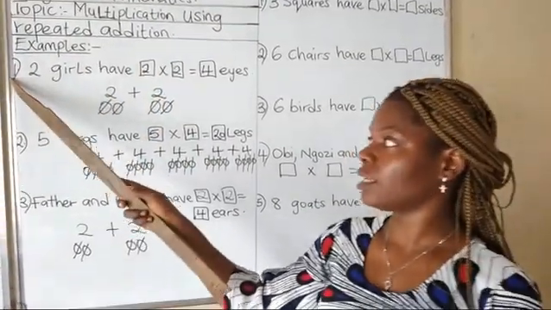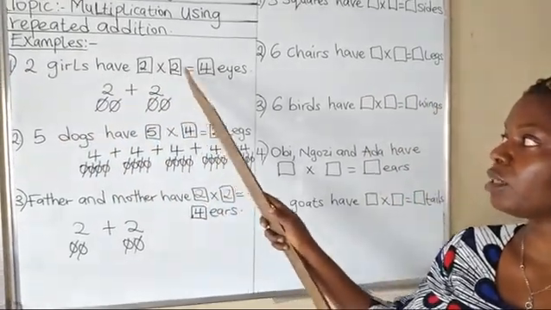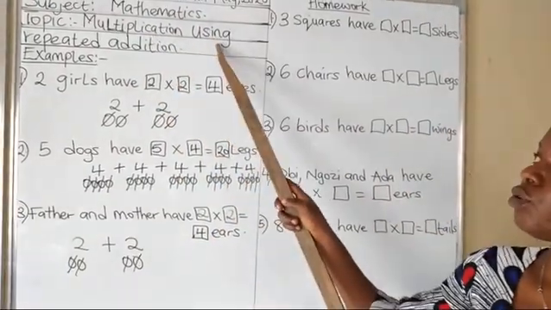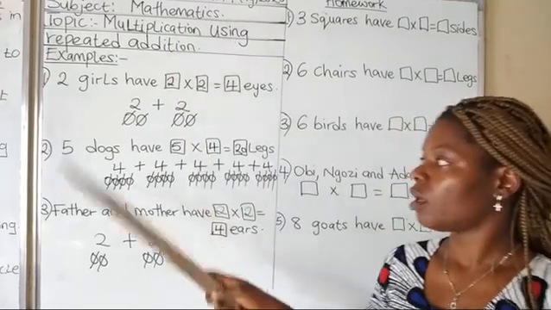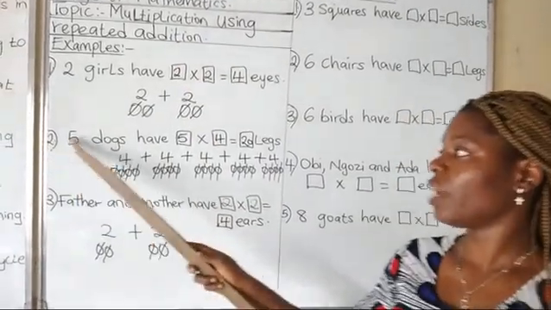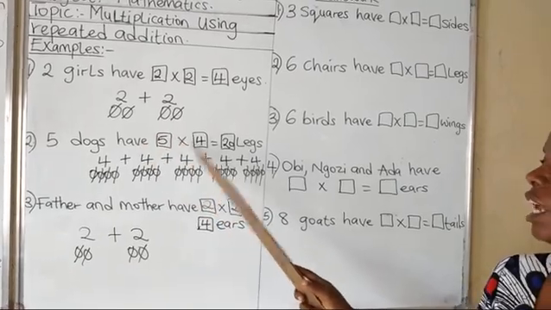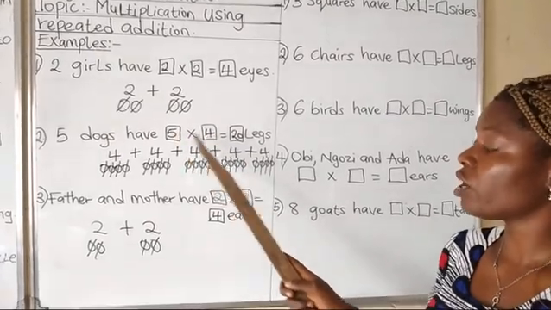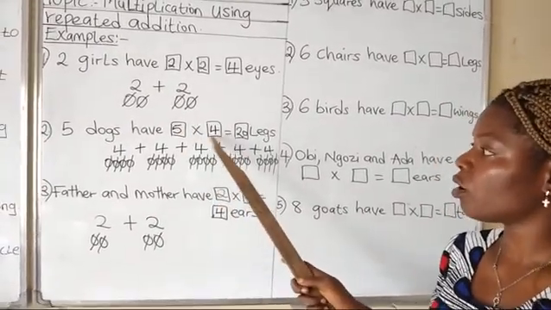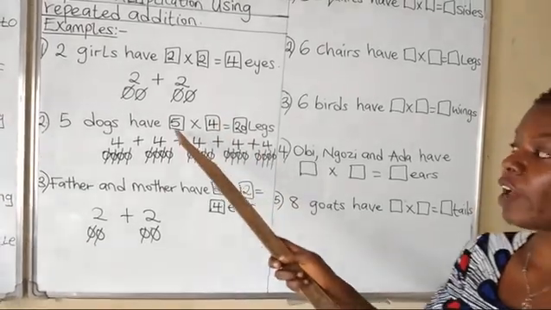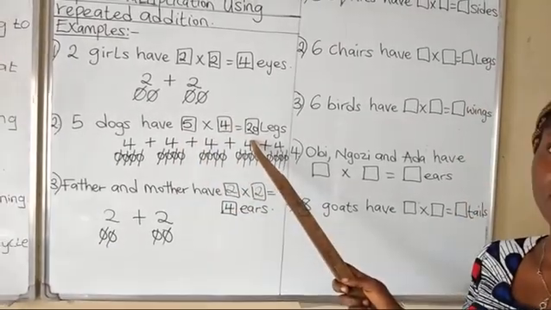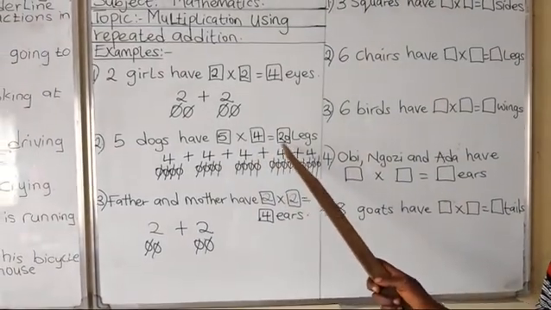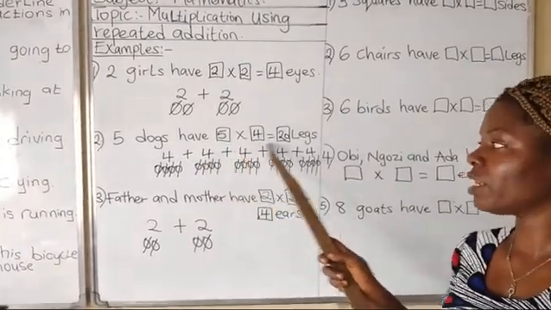In our first example, we have 2 girls have box and box equal to 4 ears. And in number 2 example, we have 5 dogs have box and box equal to 20 legs. 4 into 5 places, bringing out 4. 4 plus 4 plus 4 plus 4 plus 4 into 5 places, and you will get your answer. 5 times 4 equal to 20 is what we call multiplication.